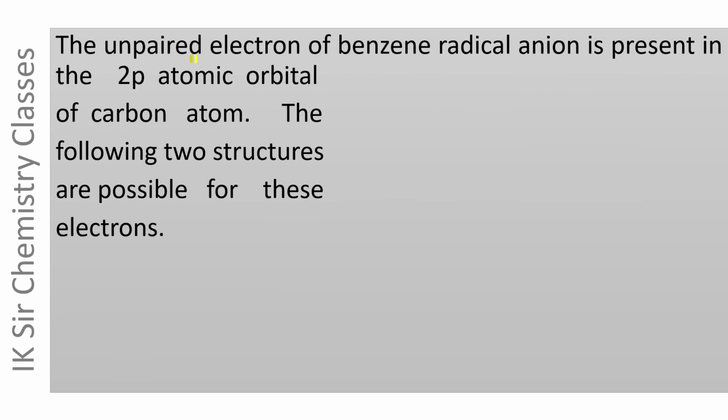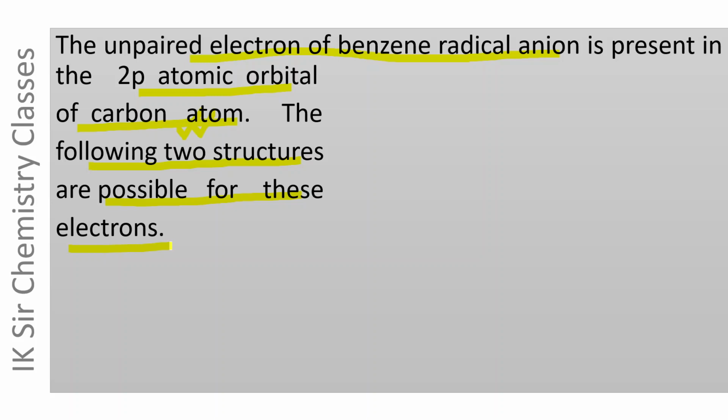The unpaired electron of the benzene radical anion is present in the 2p atomic orbital of the carbon atom. In the case of the benzene radical anion, the unpaired electron is present in the 2p atomic orbital of the carbon atom. The following two structures are possible for these electrons.